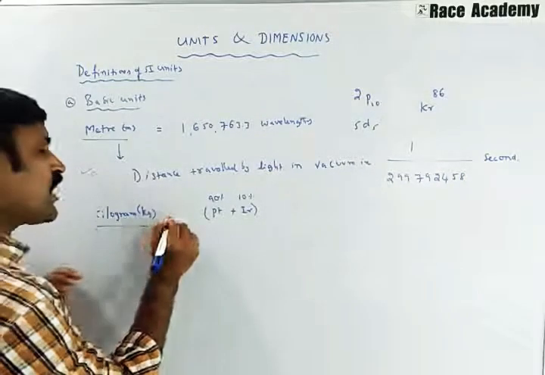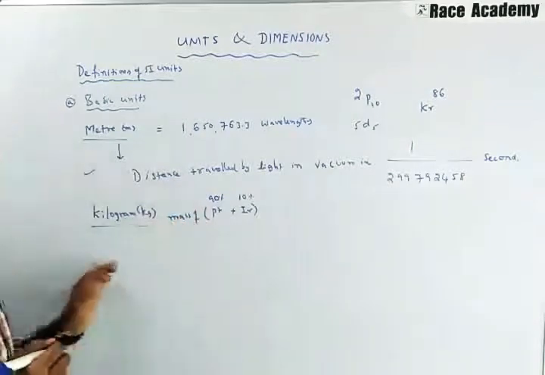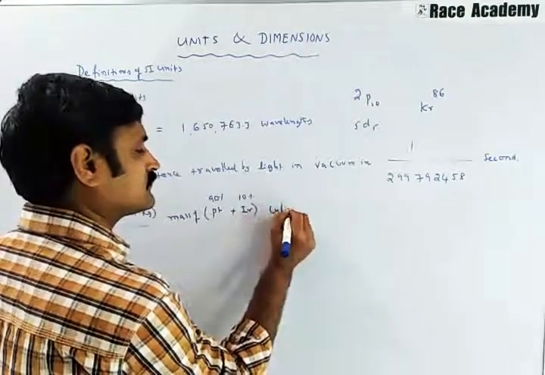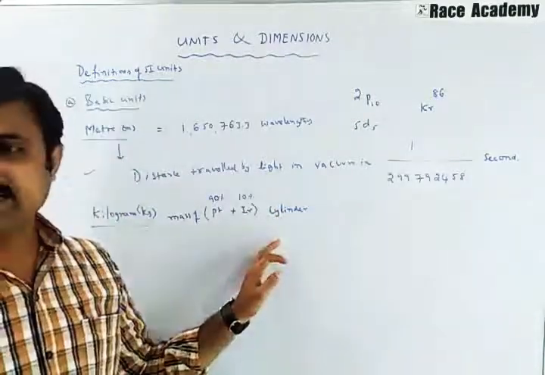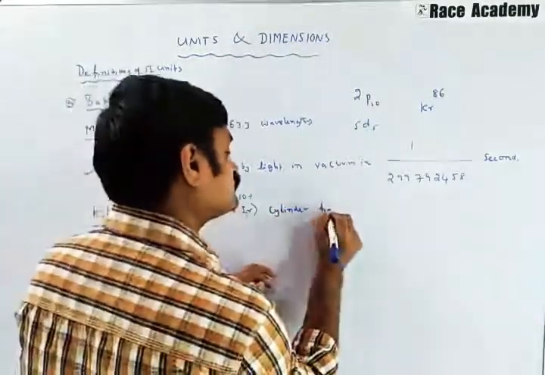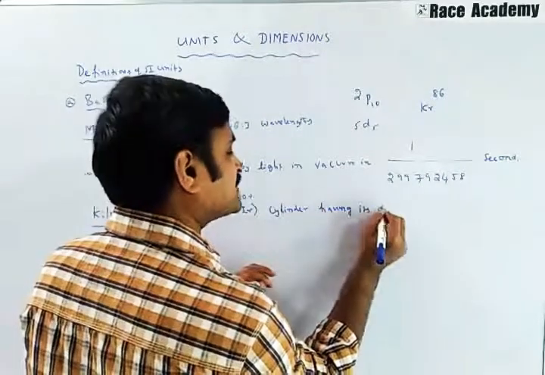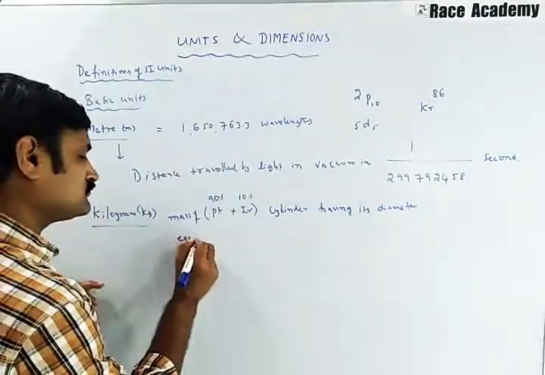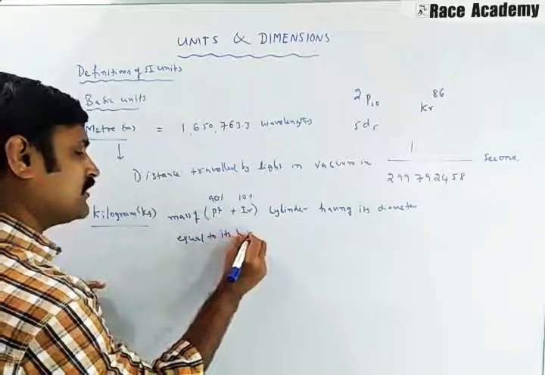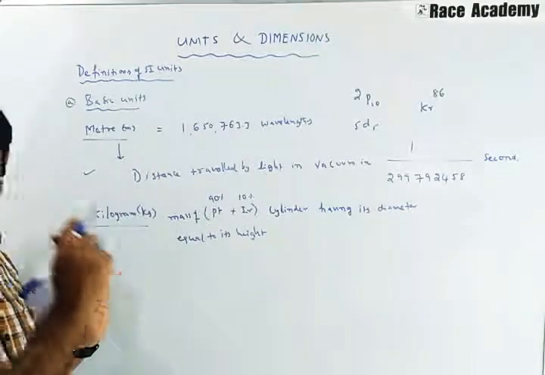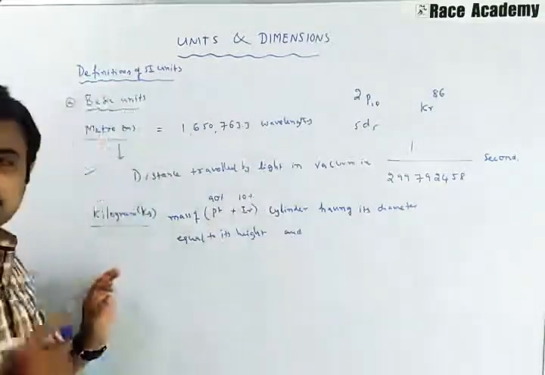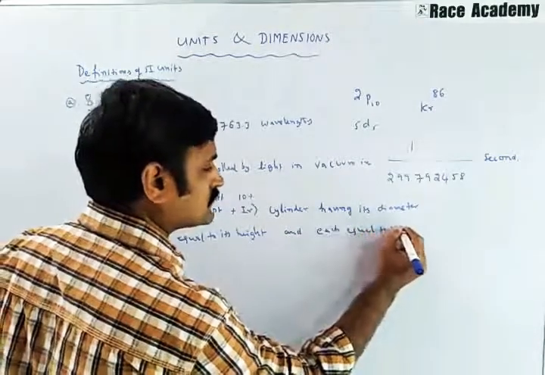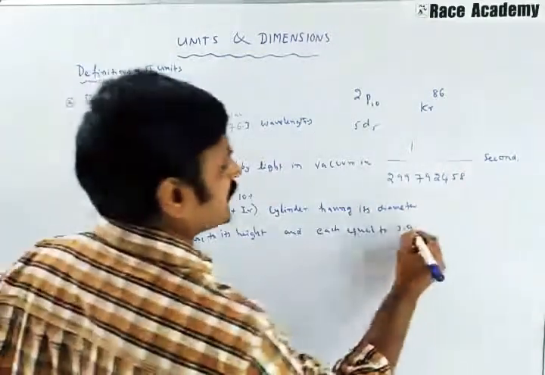So what is a kilogram? It is the mass of a platinum iridium cylinder having its diameter equal to its height, and each equal to 3.9 centimeters.